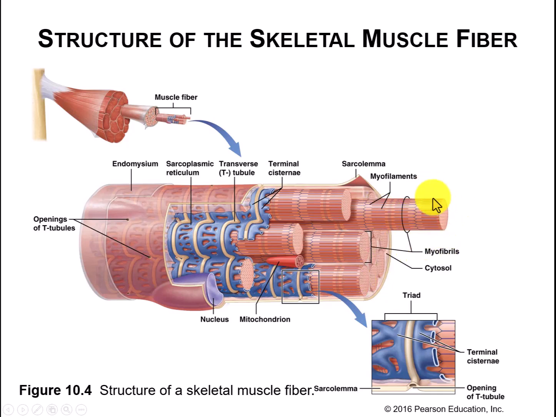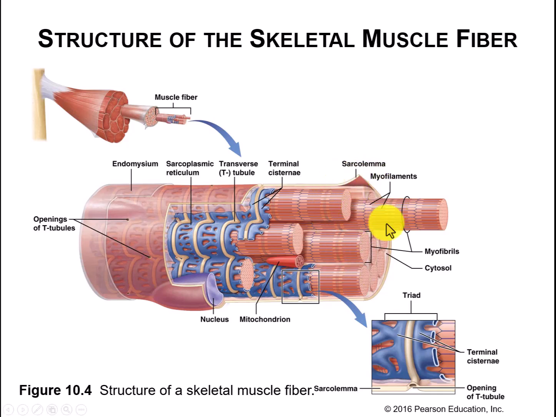So this whole cylindrical structure is our myofibril. Contained within the myofibrils are our myofilaments. And notice that anytime you're referring to muscle, we're using the prefix sarco or the prefix myo. The myofilaments, we'll learn in just a few minutes, are going to be our actin and our myosin.